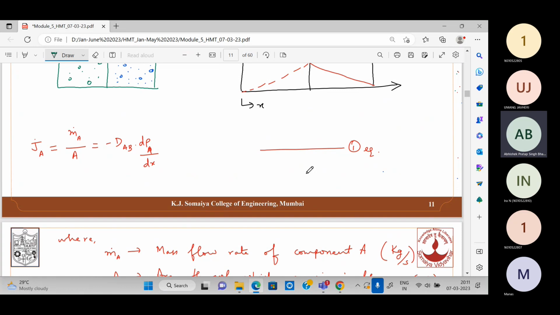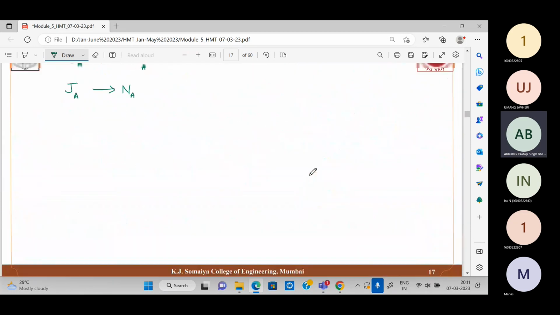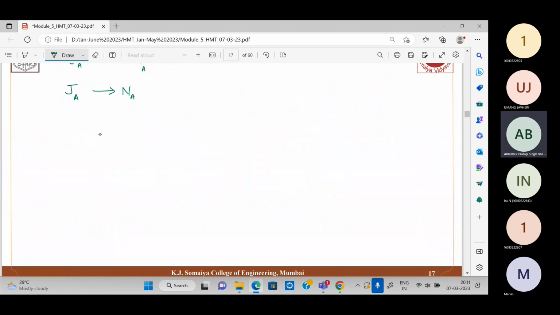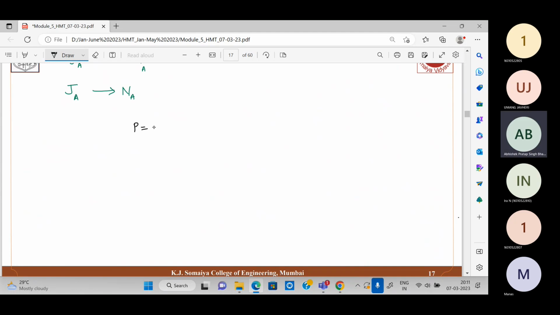So the perfect gas equation of state is P is equal to rho RT, where R is the specific gas constant.